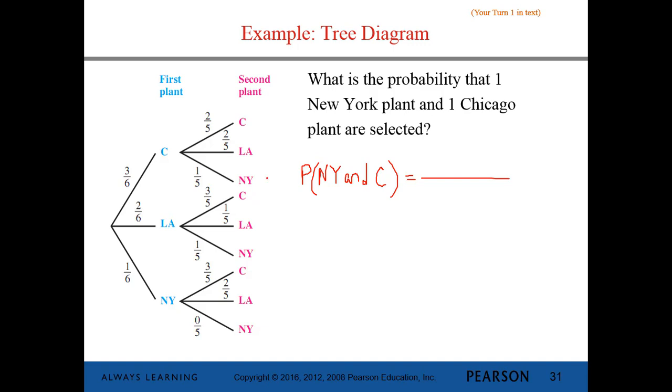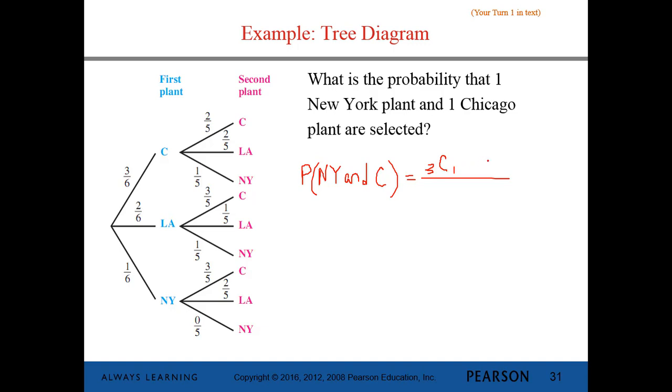Well, how many Chicago plants are there? Well, there's 3. How many New York? There's 1. Okay, so we want to choose 2, 1 from each. So of the 3 Chicago, we want to choose 1.